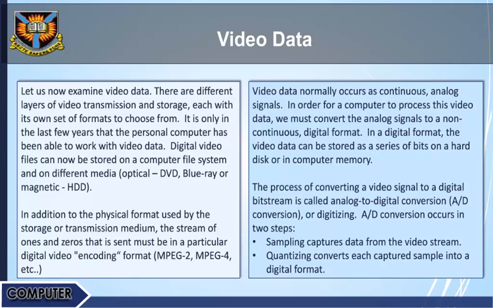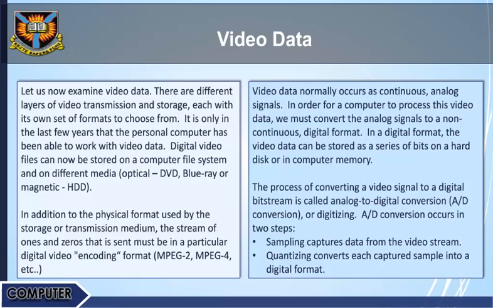In addition to the physical format used by the storage or transmission medium, the stream of ones and zeros that is sent must be in a particular digital video encoding format, MPEG-2, MPEG-4, etc.